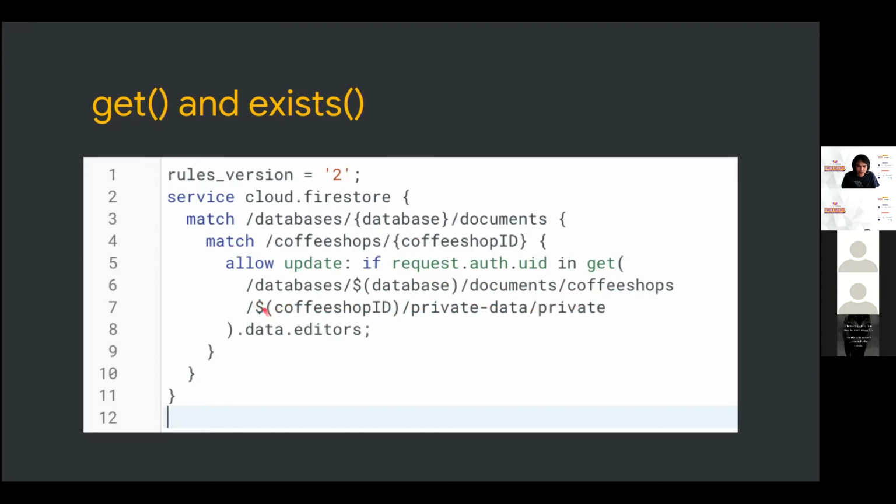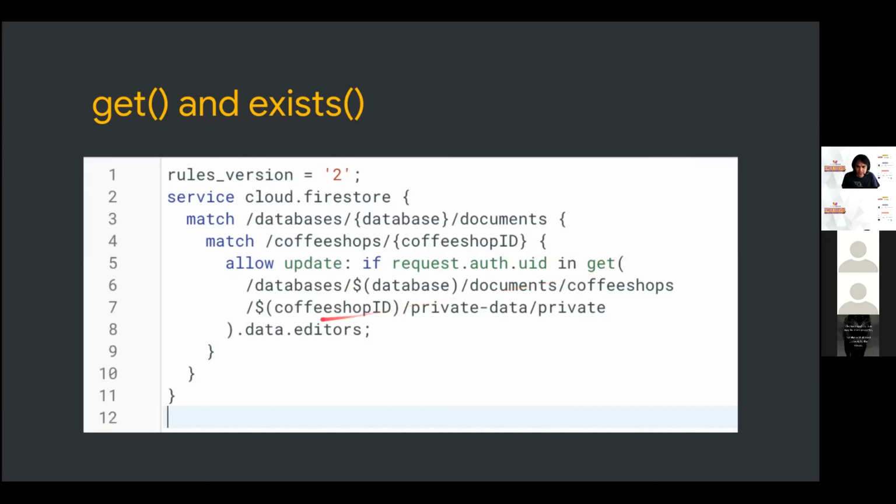In Firebase, these values inside curly braces are variables that store whatever the path is at that location, and we can use that in our security rules directly. For example, here we use the dollar sign and parentheses to insert that value in this path.